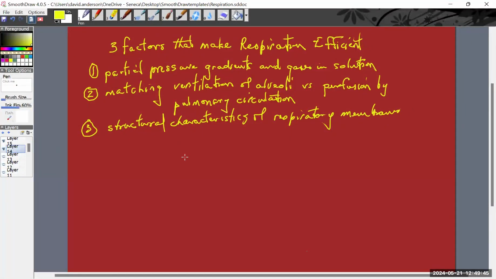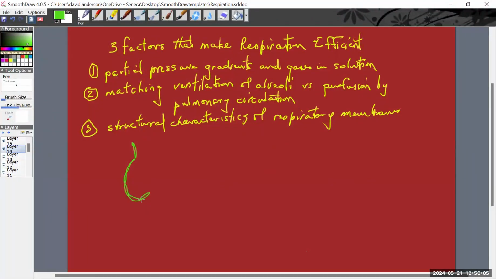So we've already talked about those briefly, but we'll just mention them again. So in this example, let's look at our simple squamous epithelium, and we'll keep things nice and simple.